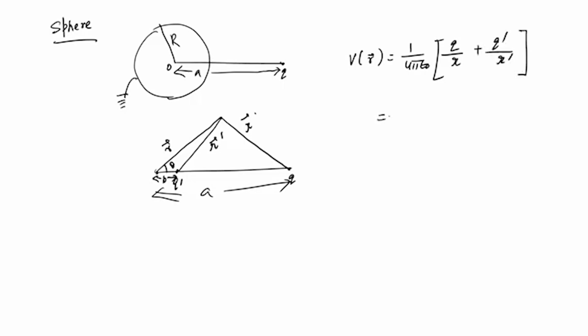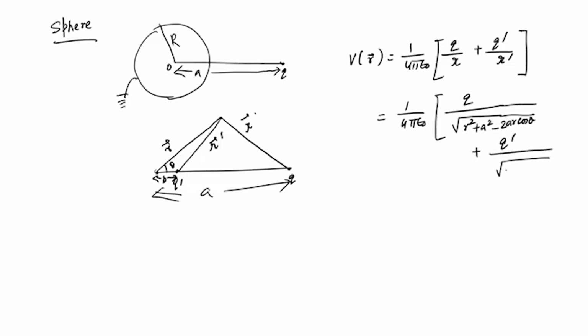In this spherical polar coordinate system, this is 1 by 4 pi epsilon 0 times q divided by the square root of r square plus a square minus 2 a r cosine theta, and then there is q prime divided by the square root of r square plus b square, where the distance b is a small distance, minus 2 b r cosine theta. Okay. So, that is the potential, and we have to see whether this potential satisfies the boundary condition.